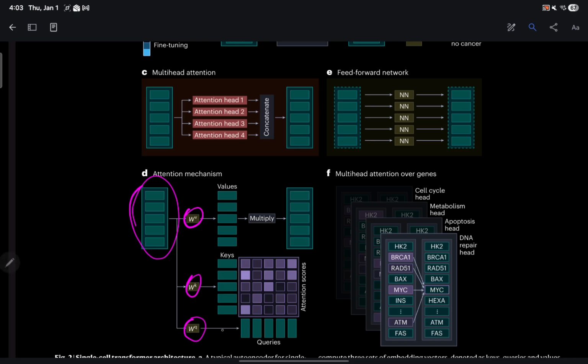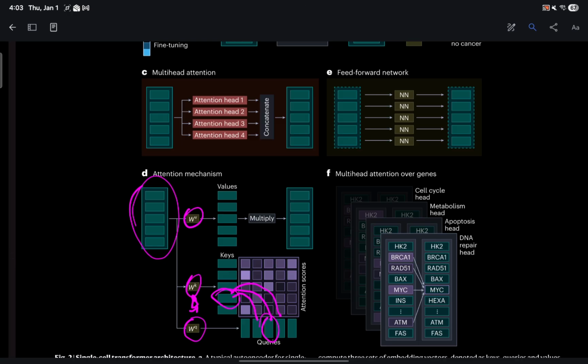Then by multiplying the Q and K, you get your attention score, which basically shows the relative importance of each embedding token to the other one.